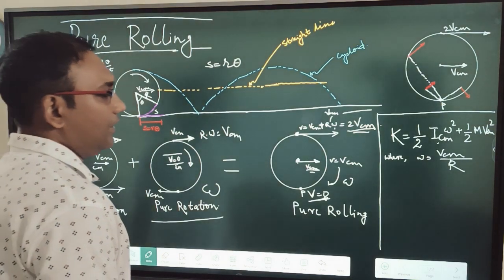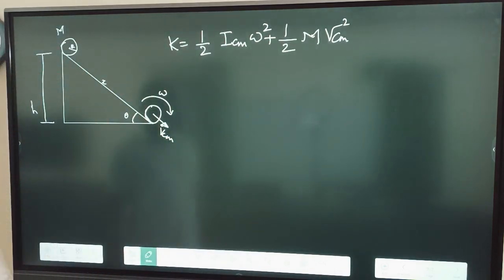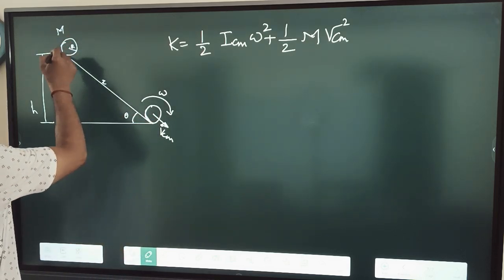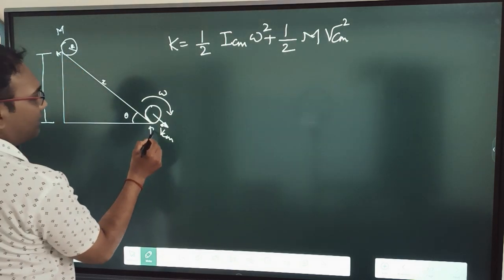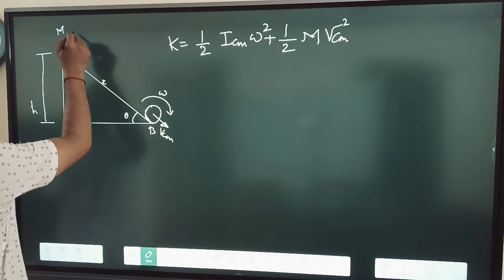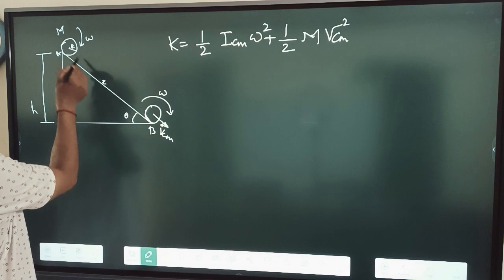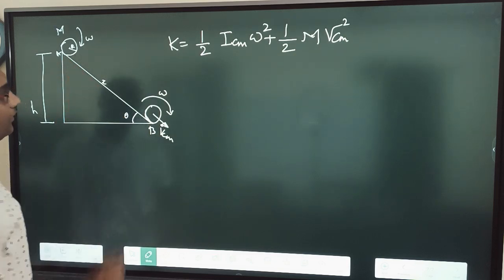Let's understand a simpler question I am going to explain. Suppose this is a triangular prism, and a sphere is at the position here. When it falls, somebody asks what will be the kinetic energy when it reaches here; this is point A, this is point B. It is under pure rolling, rolling like this, and going down this slope with linear velocity.